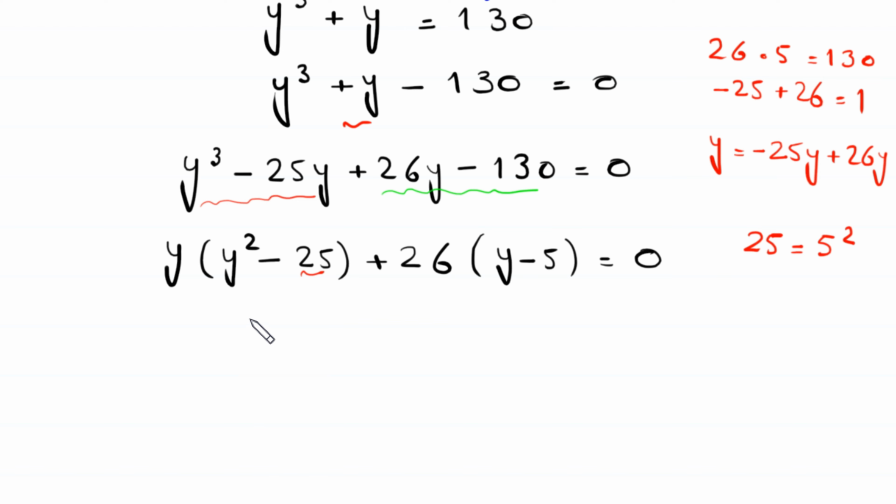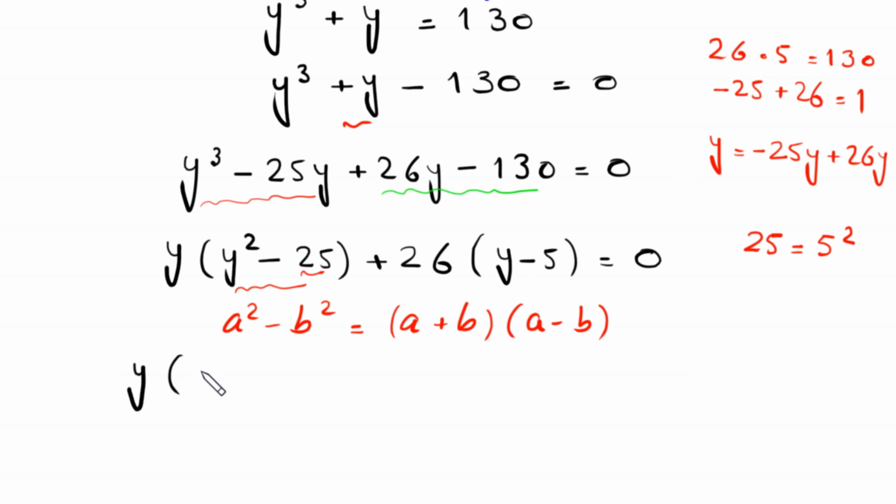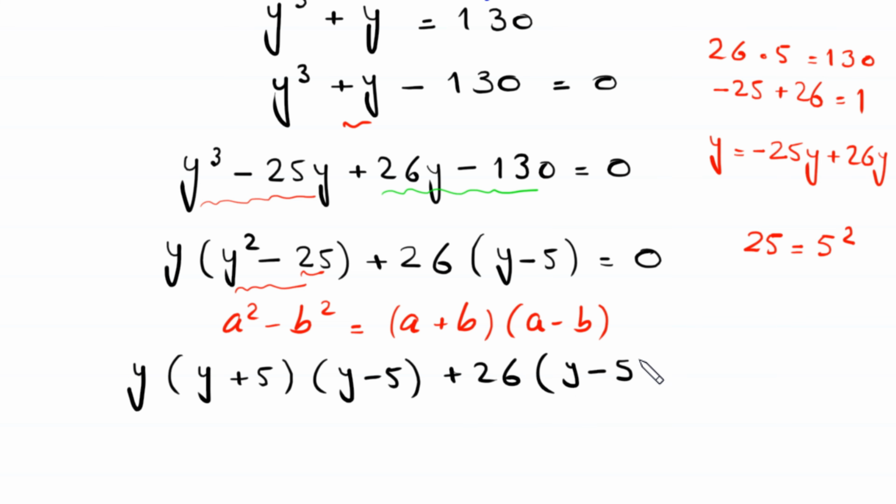So by using this algebraic identity, a squared minus b squared is equal to a plus b times a minus b, this y squared minus 25 will become y plus 5 times y minus 5, plus 26 times y minus 5 is equal to 0.